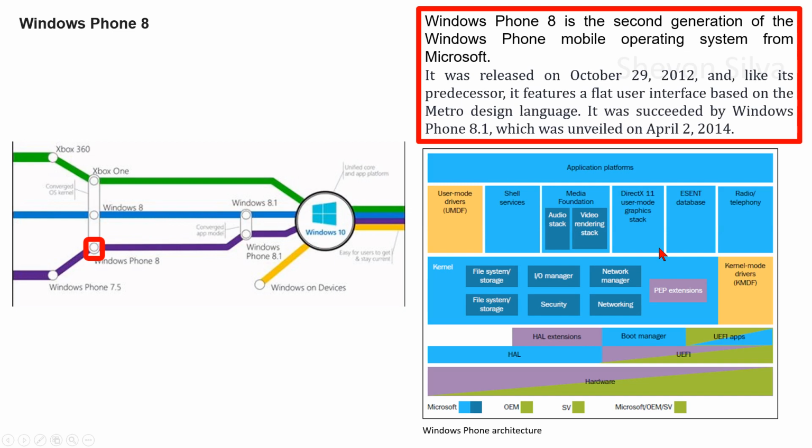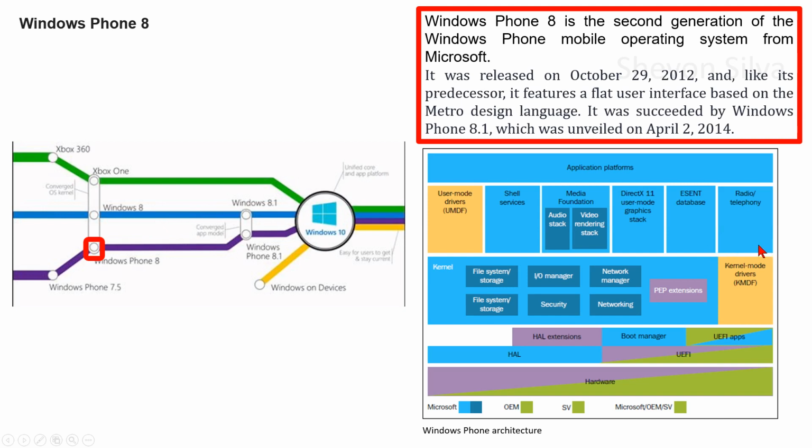The mobile core also includes the Extensible Storage Engine, ESENT, that allows applications to store and retrieve data via indexed and sequential access, which is optimized for applications that need high performance and low overhead storage of structured and semi-structured data.